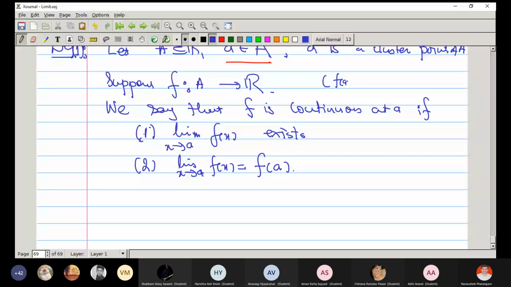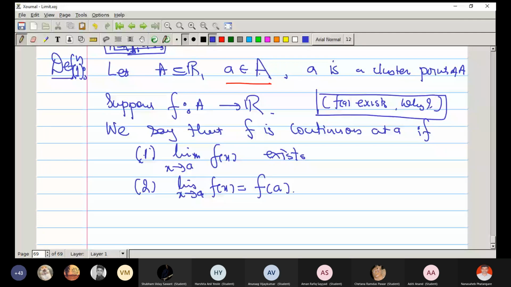Why does f of a exist? Because we are assuming that a is in the set A, and the function is defined everywhere on set A. So the function is defined at a, and f of a exists, no problem.